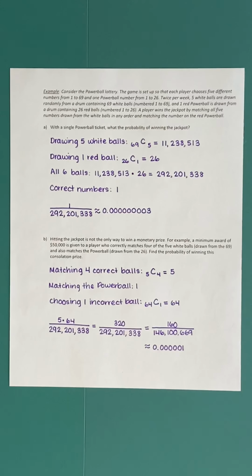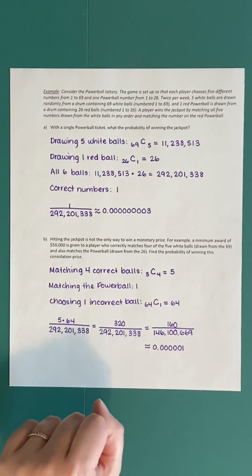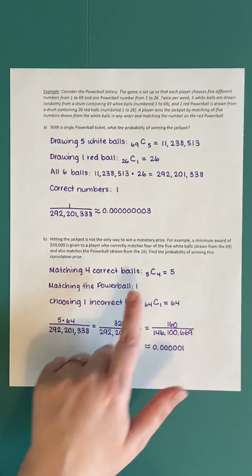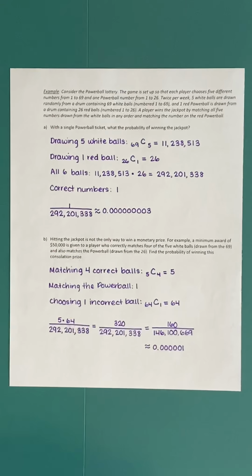The last step, again, the one that's not really obvious, but we have to then fill out the ticket. We chose 4 correct white numbers. We need an additional white number, but it needs to be a number that's incorrect in order to match this particular event as described. Well, how do we guarantee that we choose an incorrect white number? So again, imagine the balls have already been drawn and we already know what the numbers are.